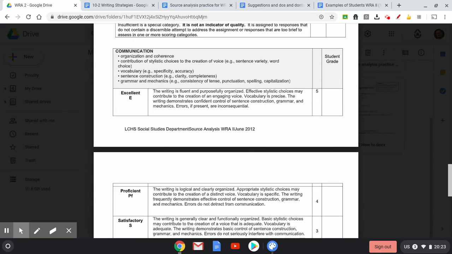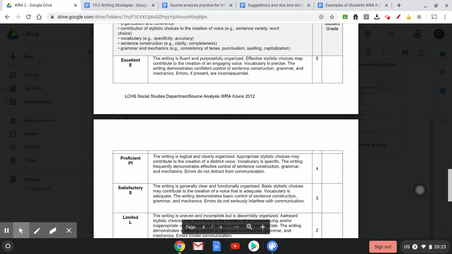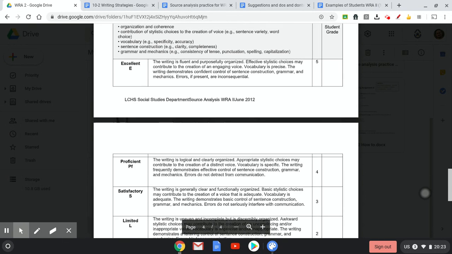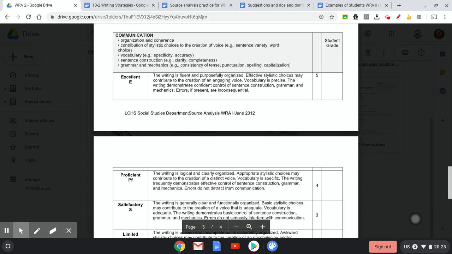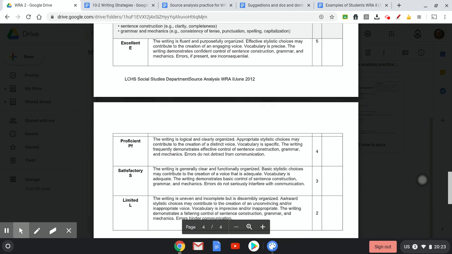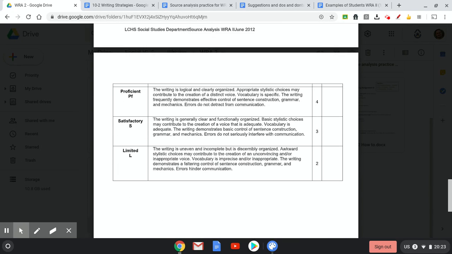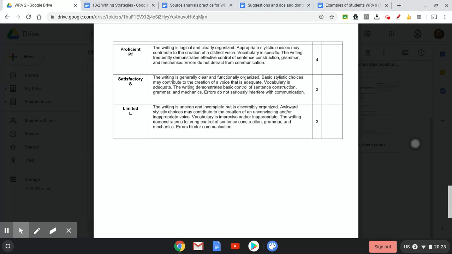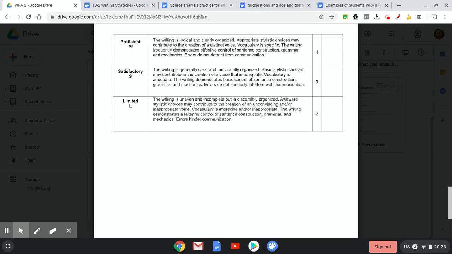There's also 5 marks for communication. Now, communication I like to talk about for a bit because I have all sorts of things that make me tick. Things that I'm going to see every single time. Capital letters. Let's say you have a proper noun, like a name, like Canada.